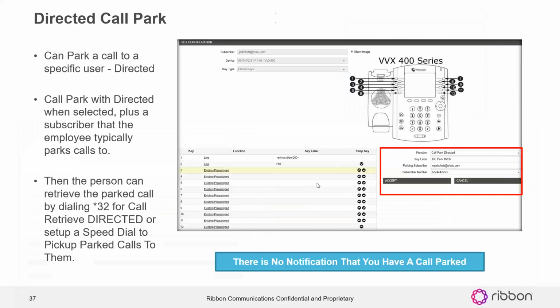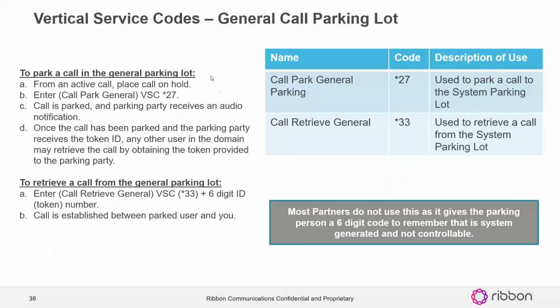All right, so this shows you where you put that information into the phone, and it basically does the star 26 and star 32 for you. Now, this is something that we don't highly recommend, because it is a much harder service to work with, but it is available.